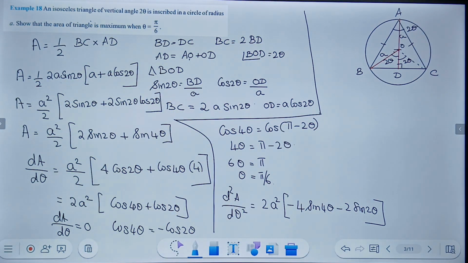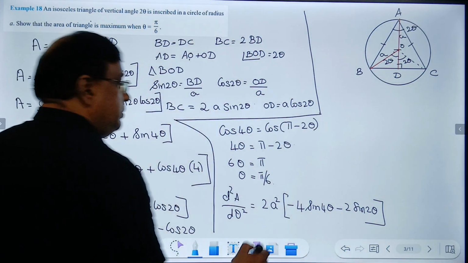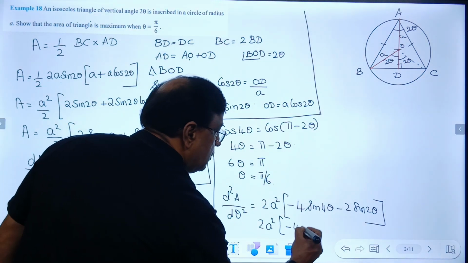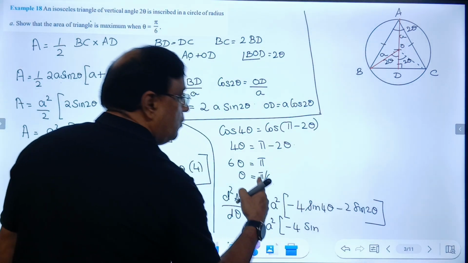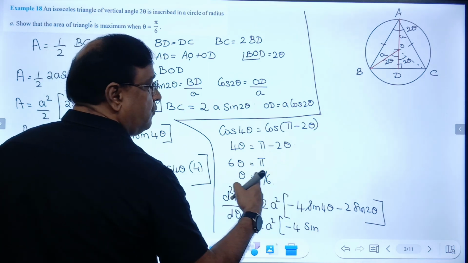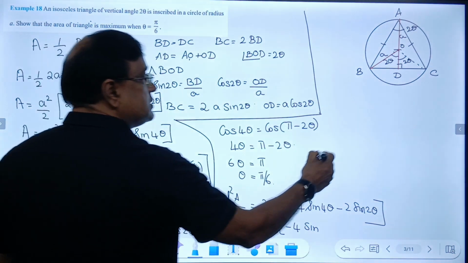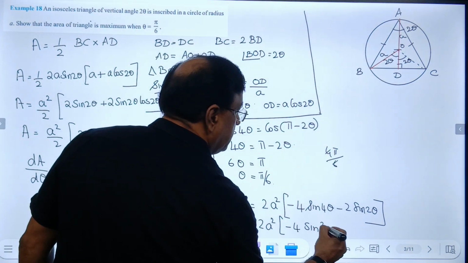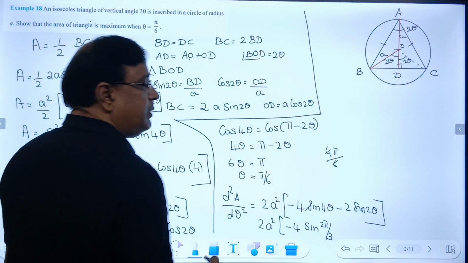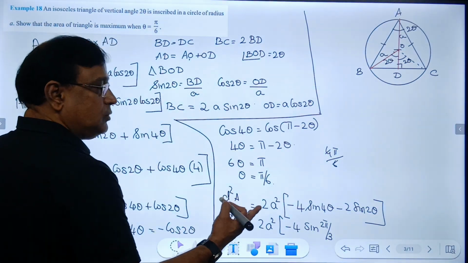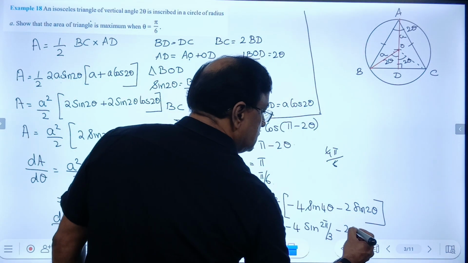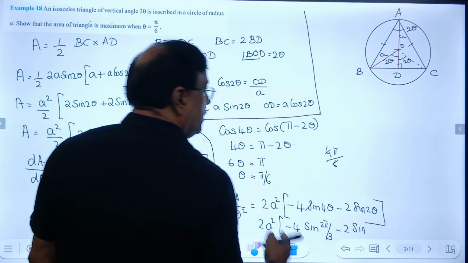Now this will be 2A square into minus 4 sine, this is 4 pi by 6. 4 pi by 6 is what? 4 pi by 6 will be 2 pi by 3. 2 pi by 3 is second quadrant, that is 120 degrees, so sine is positive. Minus 2 sine, it's pi by 3.